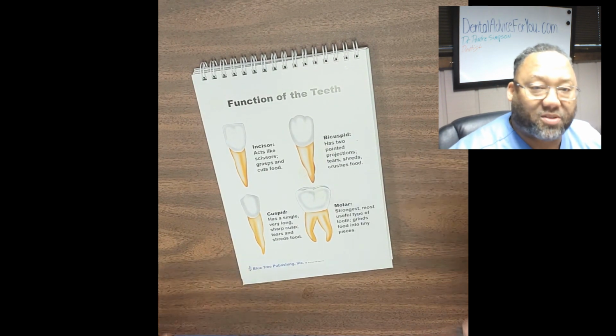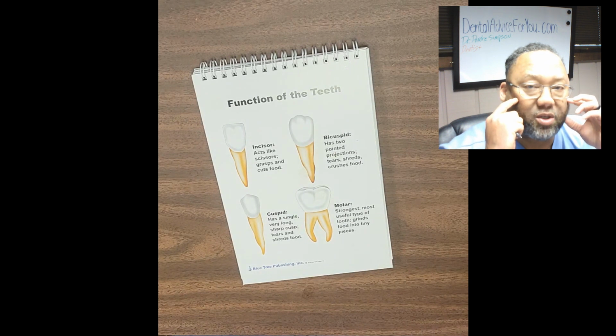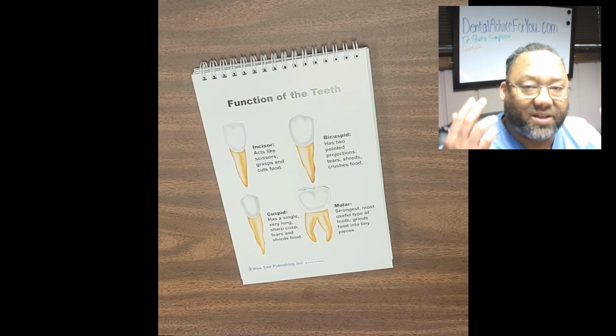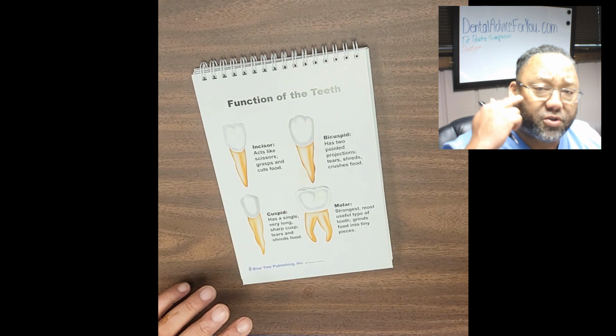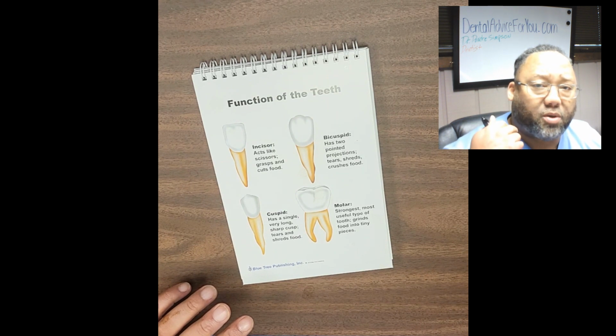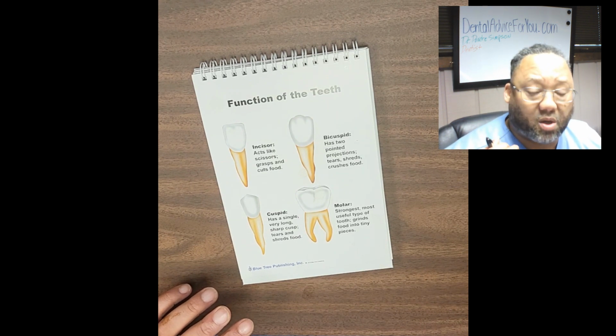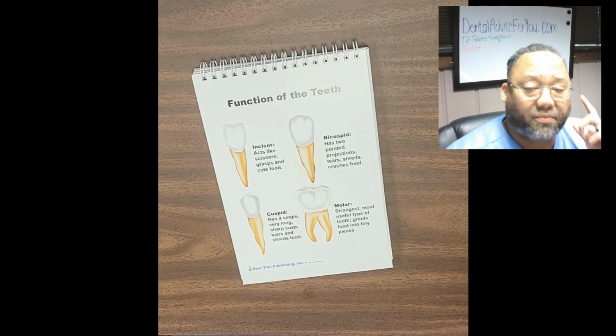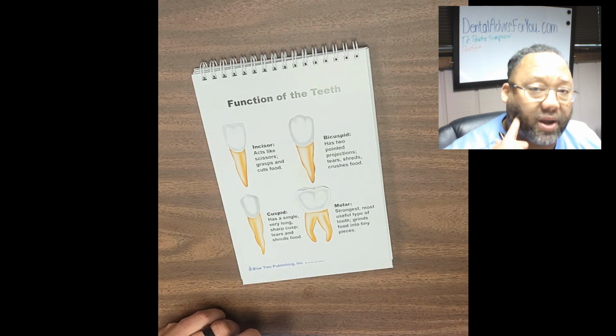The molars are obviously your big teeth in the back. In an ideal situation we have first, second, and third molars, usually 12 of those: 3 on the upper right, 3 on the upper left, 3 on the lower left, and 3 on the lower right.